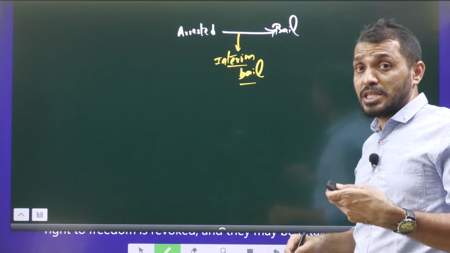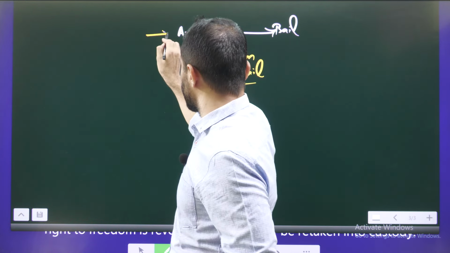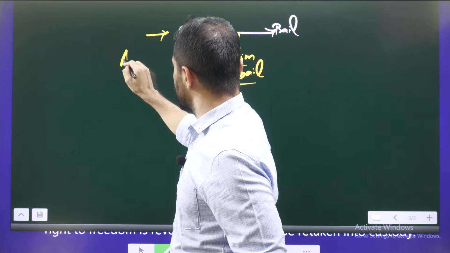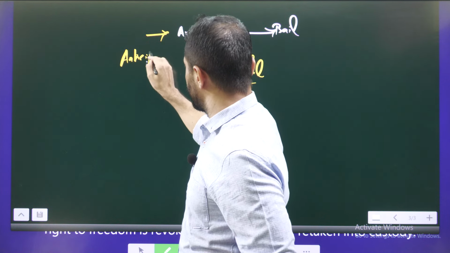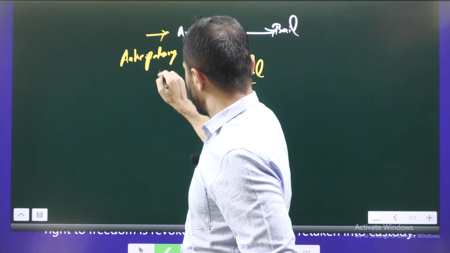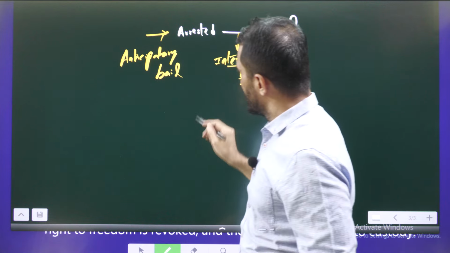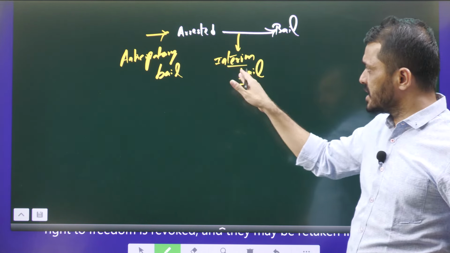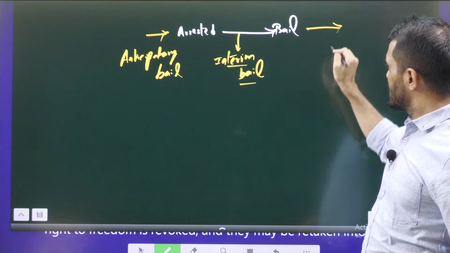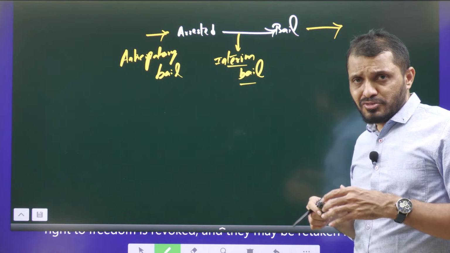Sometimes before being arrested also, a person can request bail. That is known as anticipatory bail. These are the differences: anticipatory bail and interim bail.